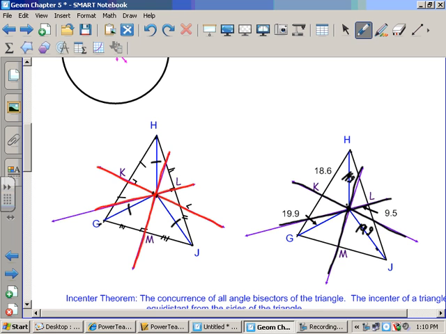And then the same stuff we learned yesterday still applies, and that is this is a perpendicular bisector, so if this is 18.6, then this distance is also 18.6. And if this distance from here to here is 9.5, that's on a perpendicular bisector, so that doesn't really help me, except I can make it into a right triangle maybe, but for right now that's it.